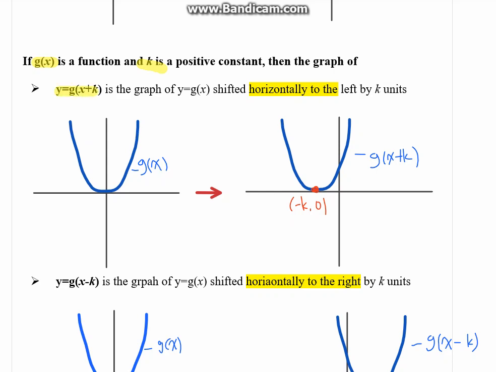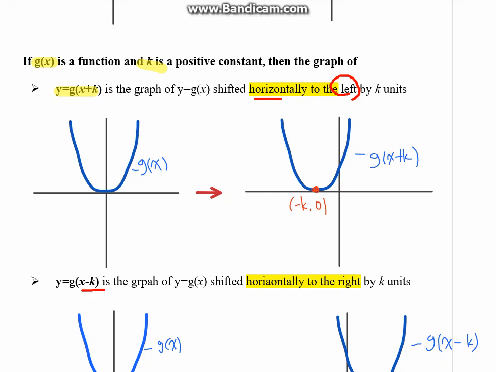This is going to be the graph of y equals g(x) shifted horizontally to the left. This might be a little tricky because people may think that because it's positive, plus k, it's going to move to the right, but when it's horizontal, positive is going to go to the left, and negative, as you see here, is going to go to the right.